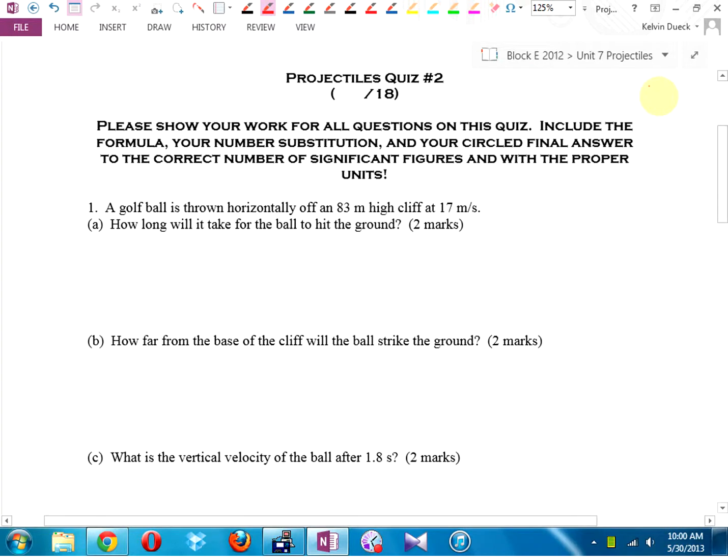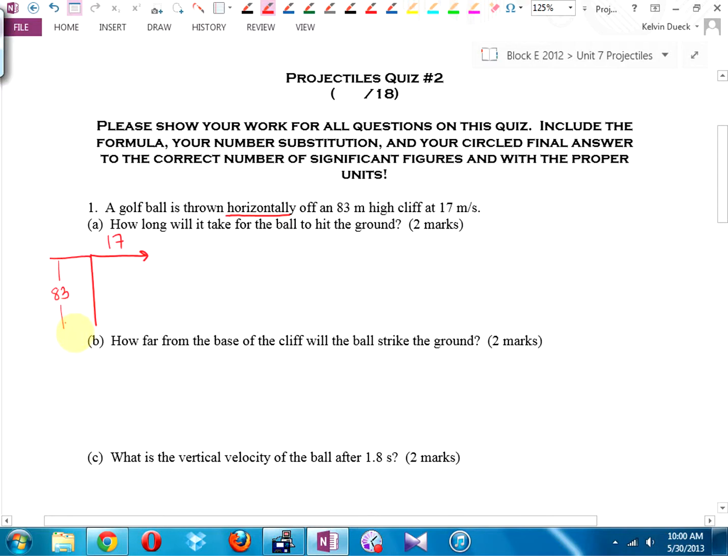Let's find out. A golf ball is thrown horizontally off an 83-meter high cliff. I'm visualizing a horizontal launch at 17 meters per second, 83 meters high.